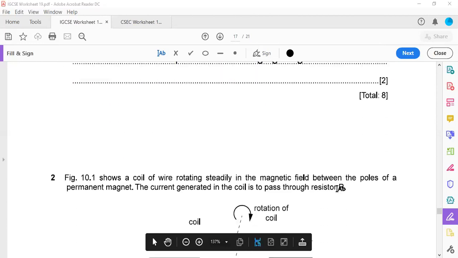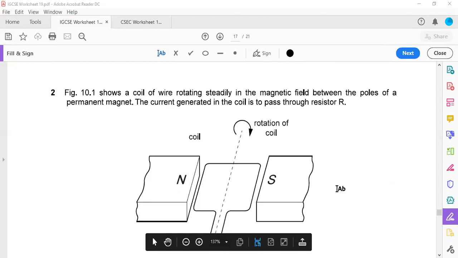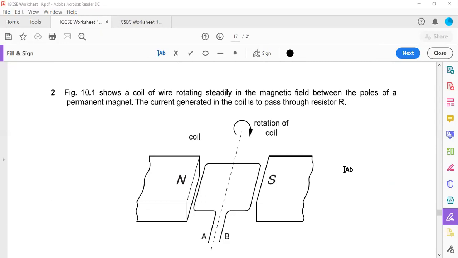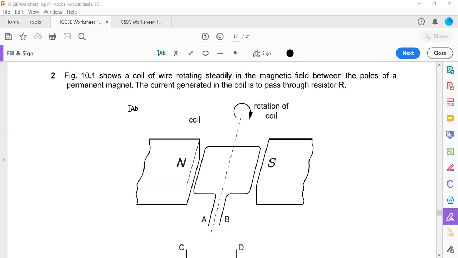So it was 8 marks. We're moving on now to this question. Figure 10.1 shows a coil of wire rotating steadily in a magnetic field between the poles of a permanent magnet, similar to what we just did.